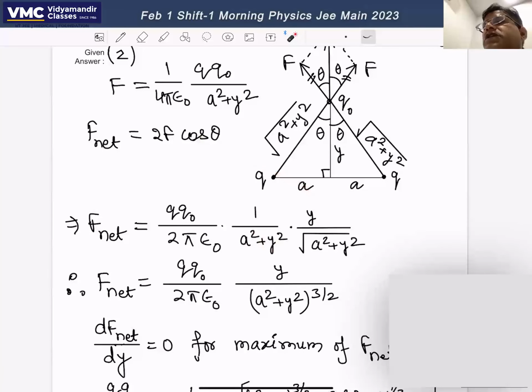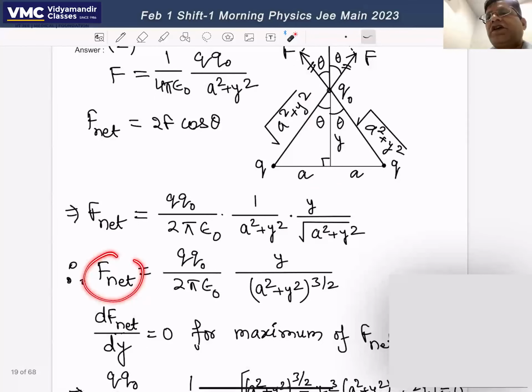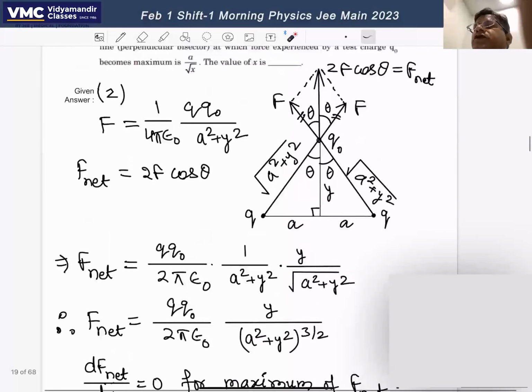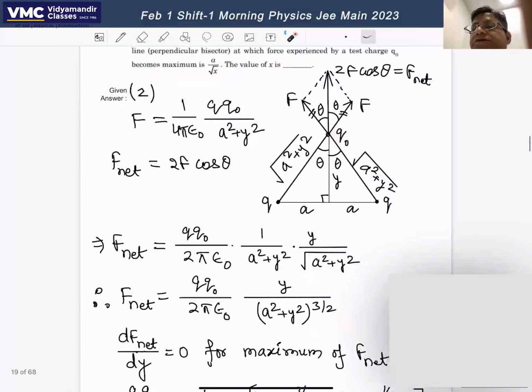Cos theta in this triangle is y upon the hypotenuse, so y upon root a square plus y square. From this, F net comes out to be Q Q0 by 2 pi epsilon naught multiplied by y divided by a square plus y square, the whole raised to the power 3 by 2. This is the net force on Q0 due to these two charges.